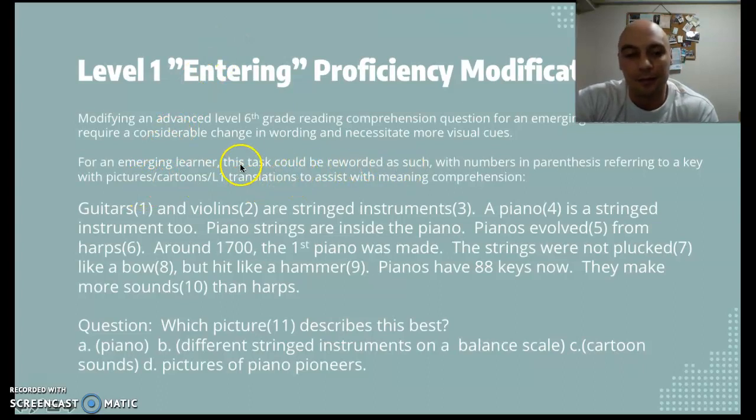What would you do? So you have to use pictures and visual cues, and that's what I did. For the more unfamiliar vocabulary, I put a number next to it which would correspond to a key with definitions and pictures.